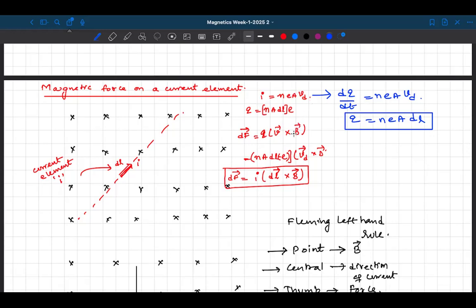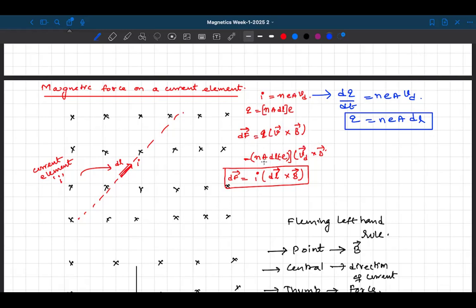Now dF bar, right? I have accepted this as a charge now. And this is all a charge, and the charge is moving with velocity VD. Then what will you write? dF bar is equal to Q V bar cross B bar.